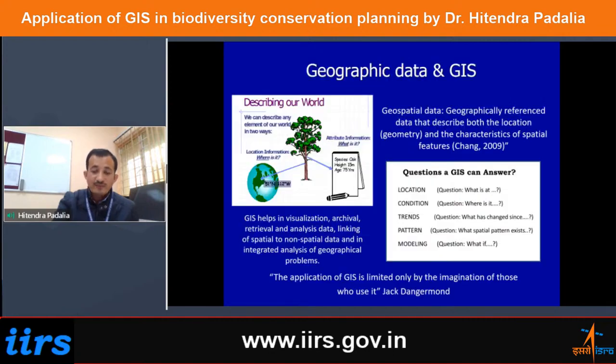Now, how does geographic information system come into the picture? Geographic data means any feature which has lat-long information as well as associated attribute information. And biodiversity fits into this, because biodiversity across the globe is not evenly distributed, it's unevenly distributed.